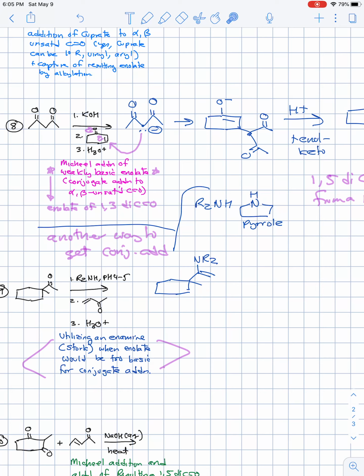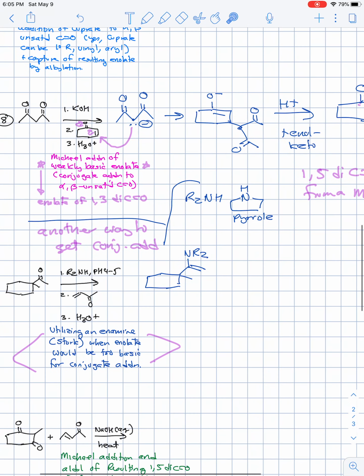And remember with the enamine or imine formation that the pH has to be low enough to get the OH that comes from the carbonyl oxygen to leave in the mechanism, but not so acidic that it protonates the amine and makes it not a nucleophile. So again, this is a Michael adduct.